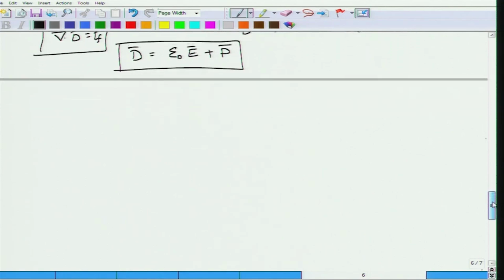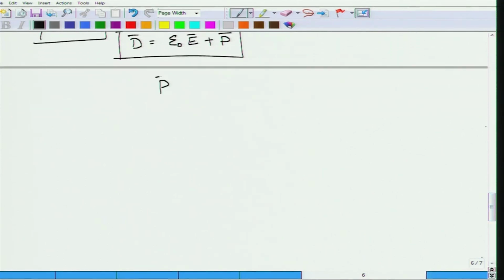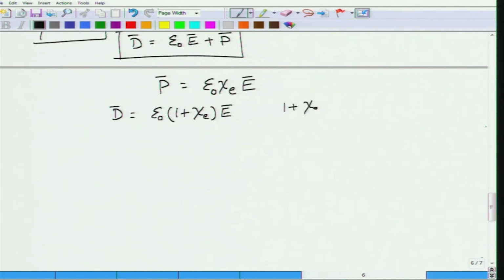Now we have seen that this vector P, in most cases, is proportional to the first power of the electric field E, via the susceptibility parameter chi e. So I can introduce this P into the expression for D and write D as epsilon 0 times (1 plus chi e) times the electric field E. We give the name relative permittivity to 1 plus chi e.